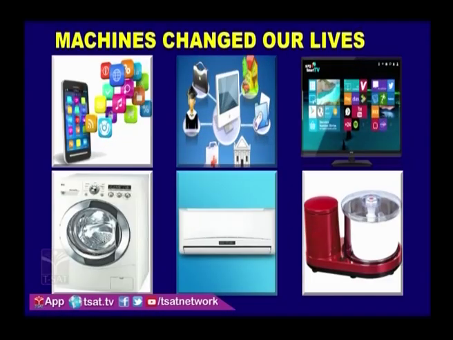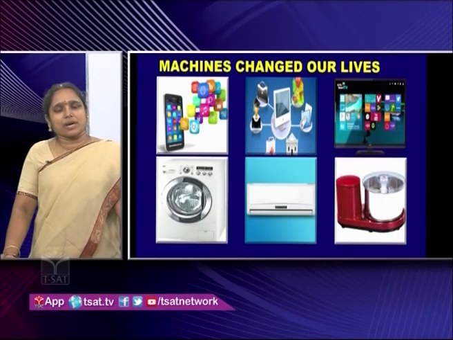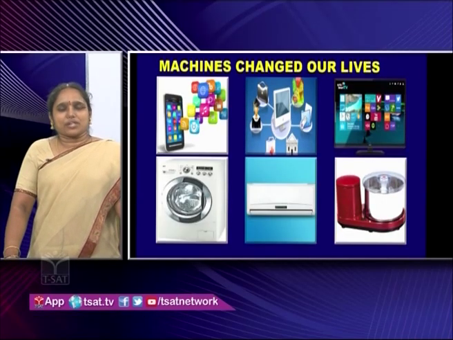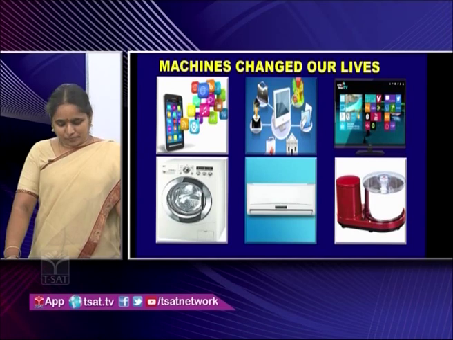So it took 1 hour for you in the visualization activity to grind the dal, but it takes only minutes to grind the same in this machine. So machines made our lives easier, isn't it? So what are all these? These are all the boons of industrialization, a gift for all of us, for all mankind. It is a gift given by industrialization.